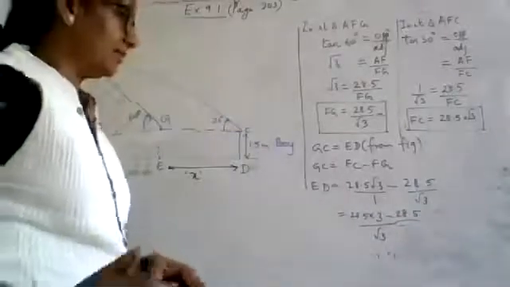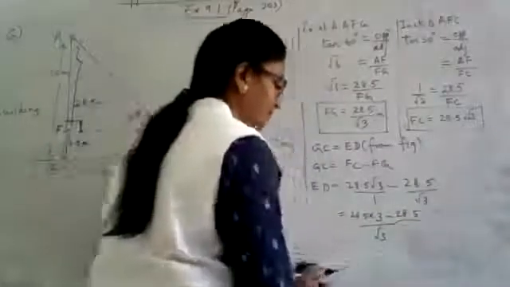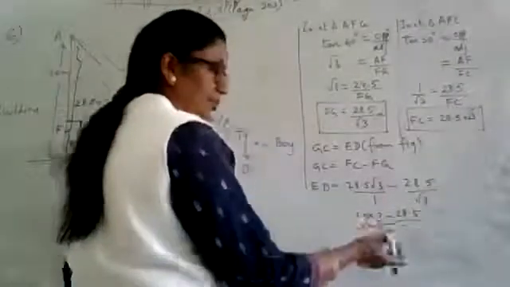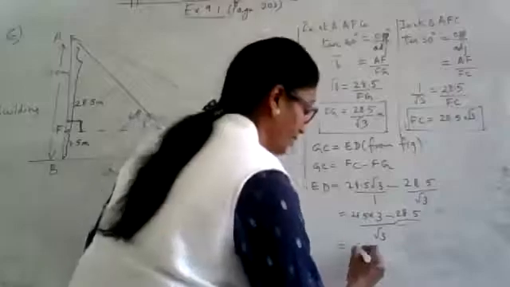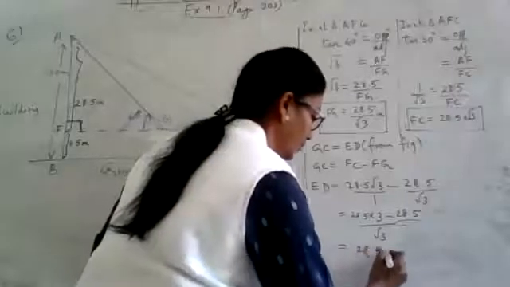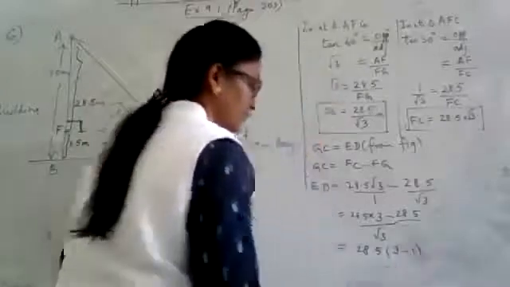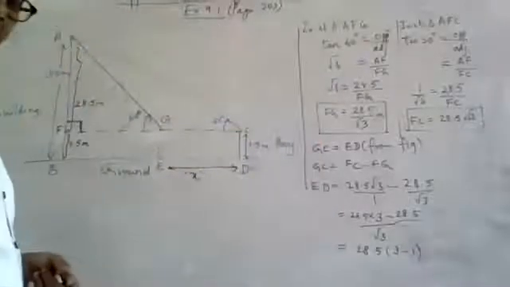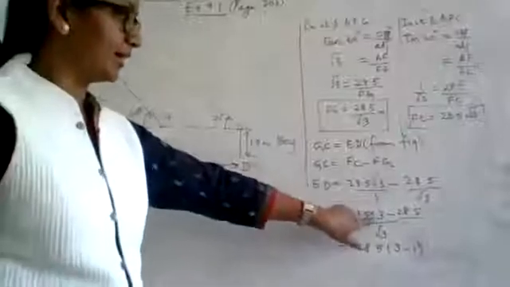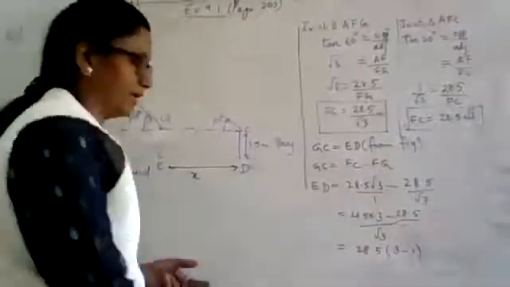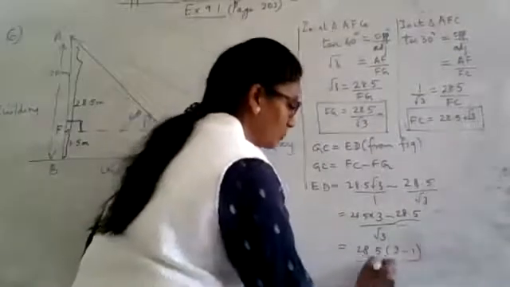So to simplify this, you can multiply 28.5 with root 3 and then do it, or you take 28.5 as common. This will be 3 minus 1. Correct? 28.5 into 3 minus 28.5. I ignore both, easy for me to multiply, divided by root 3.